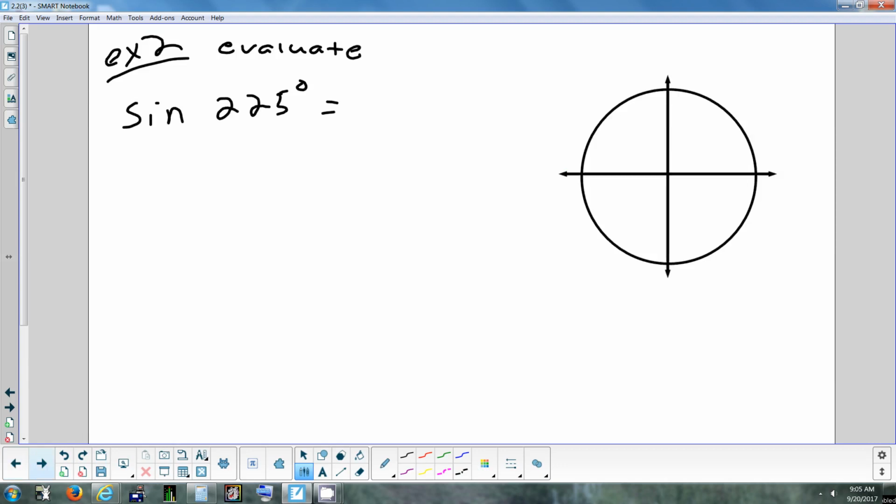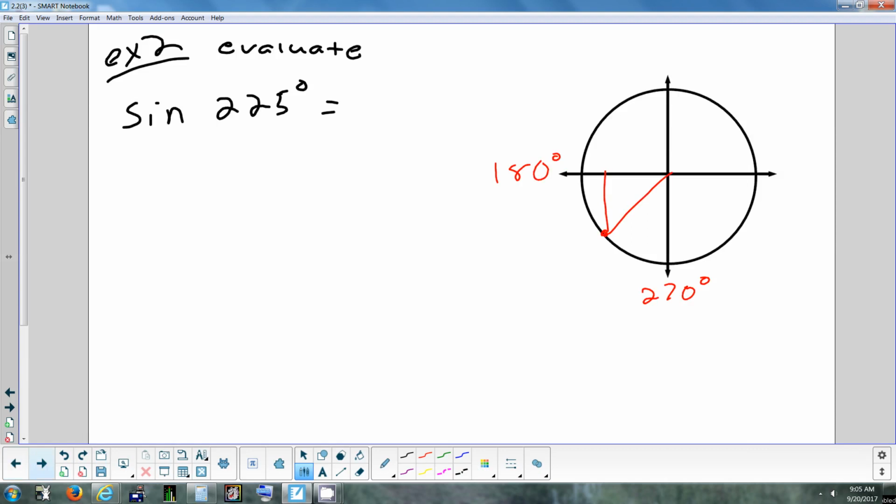225. Okay, we just talked about that angle. That one is halfway between 180 and 270. So the first thing you have to figure out is is it a 45-45-90 or a 30-60-90? Well, if it's halfway between 180 and 270, it has to be which triangle?